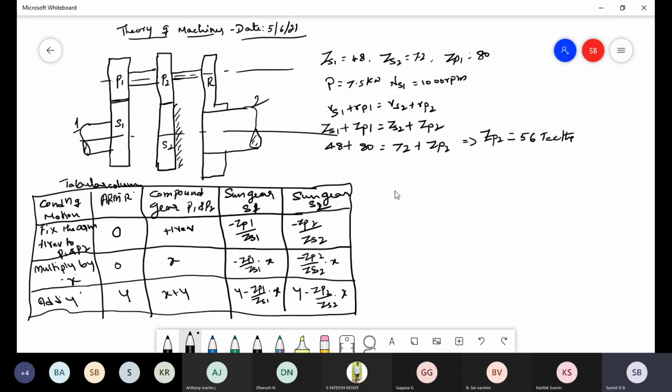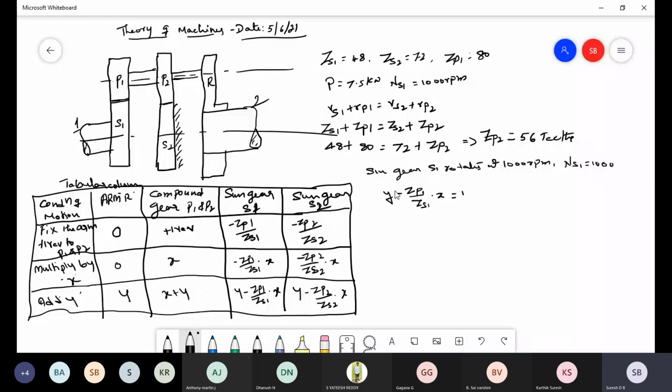Here the sun gear S1 rotates at 1000 RPM, meaning NS1 equals 1000 RPM. The formula for the sun gear S1 in the last row is Y minus ZP1 divided by ZS1 into X, equal to the rotation speed of the sun gear, 1000 RPM.